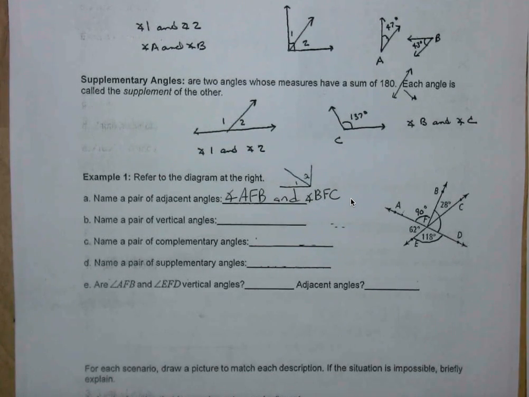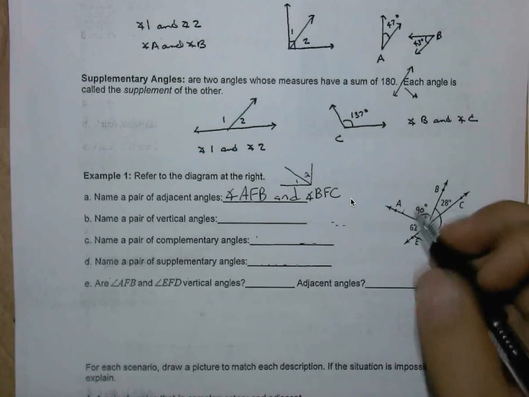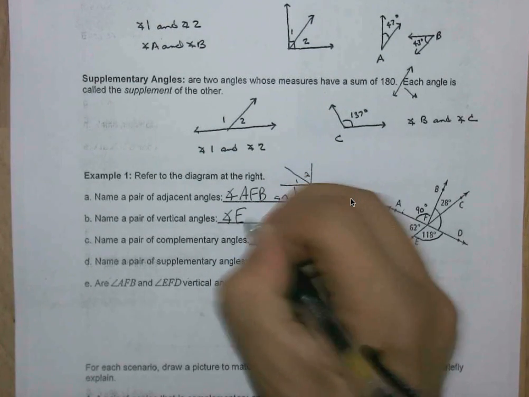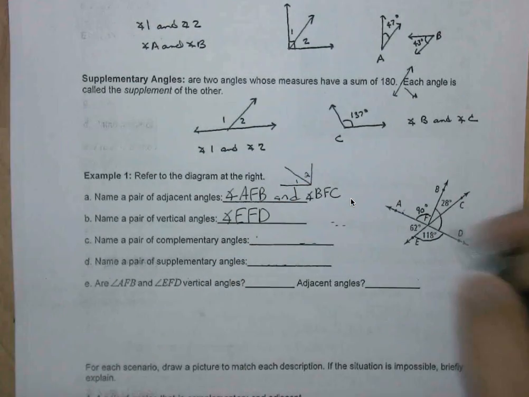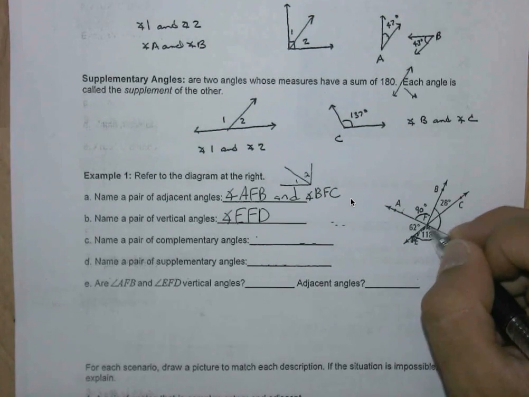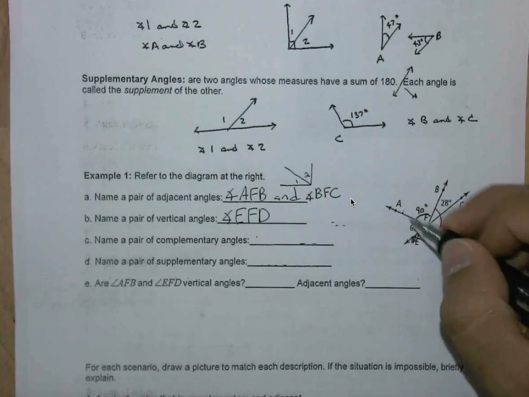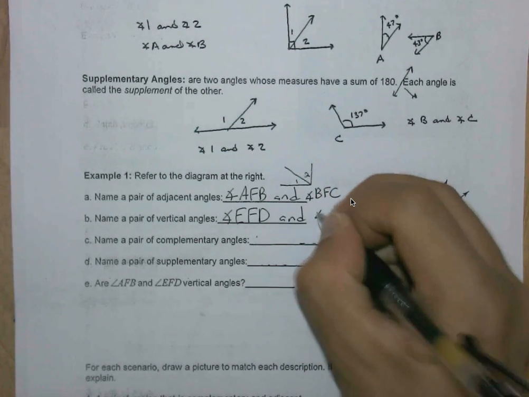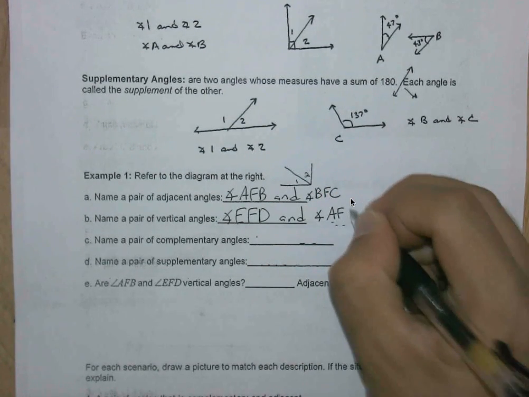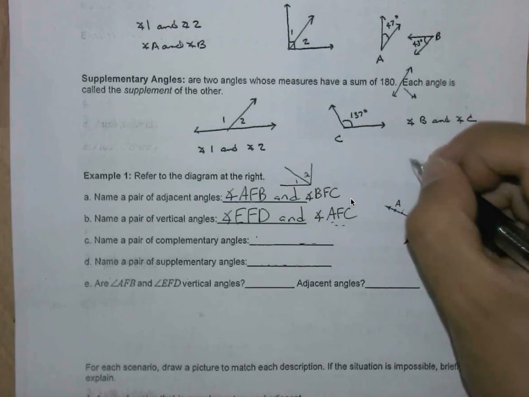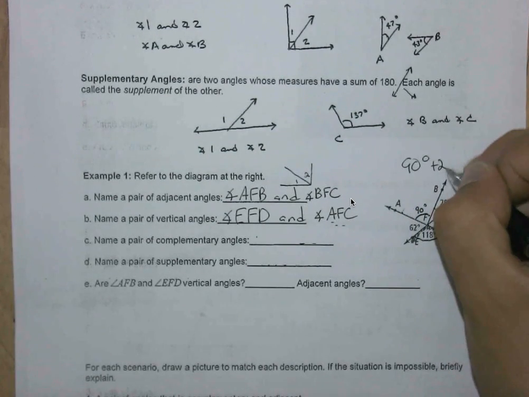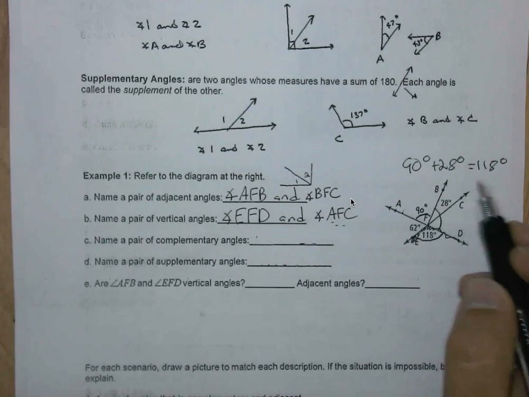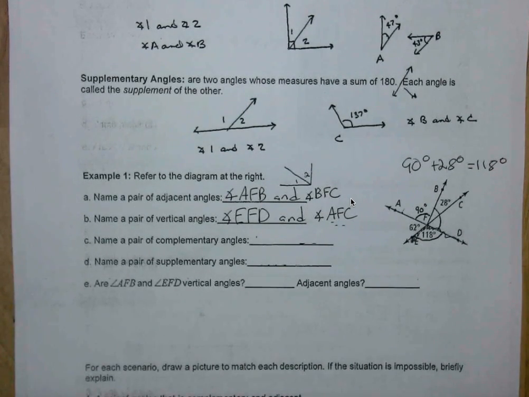One that definitely jumps out at me is that this EFD, from here to here, kind of looks like the sum of AFC. And if we were not too sure, we could add up our angles. So 90 and 28 equals that 118. So that's actually fair game. We can say that those are vertical.